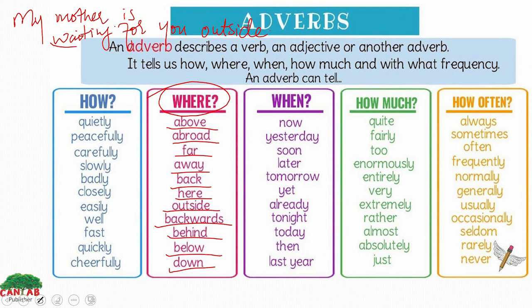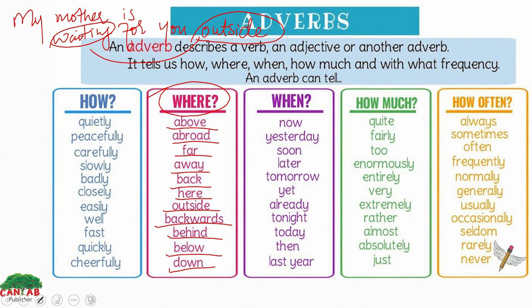So here waiting is a verb and outside is an adverb. It is telling where the action takes place, yes, outside. She is waiting outside. The action takes place outside.